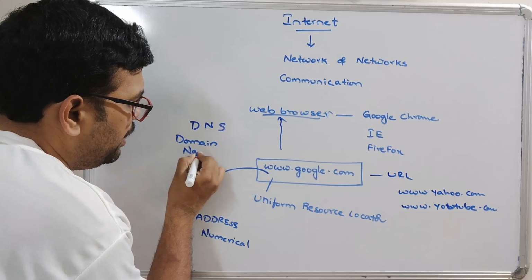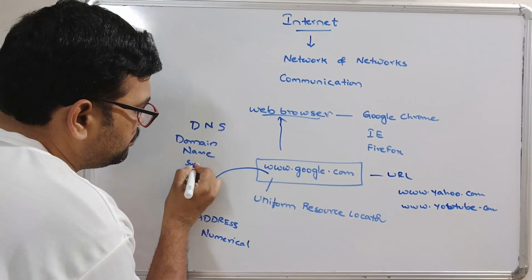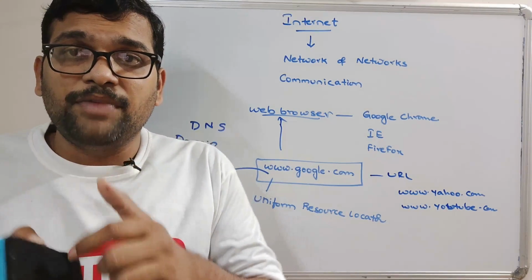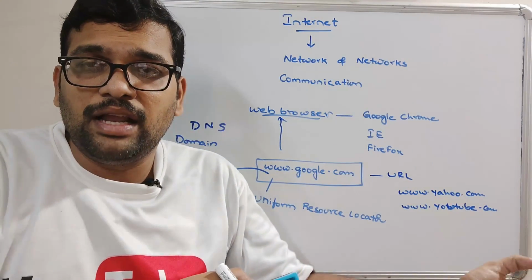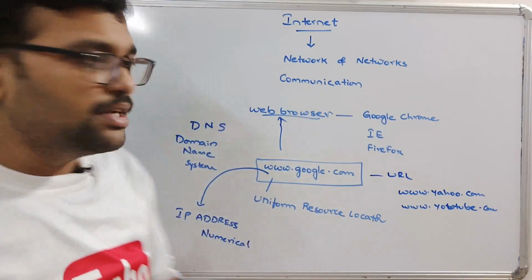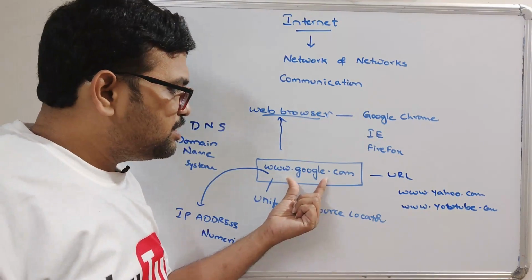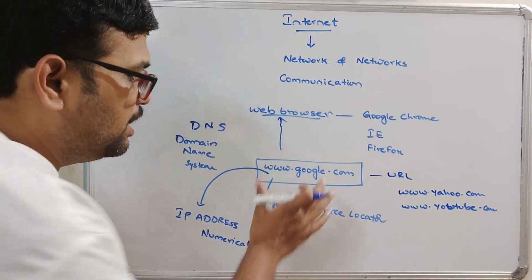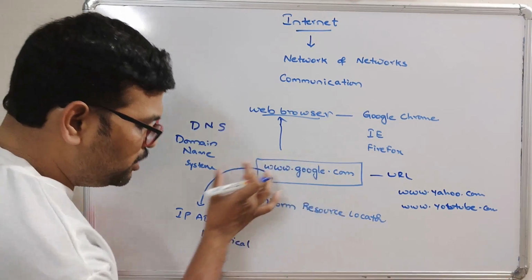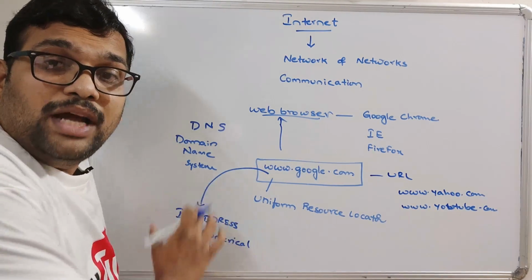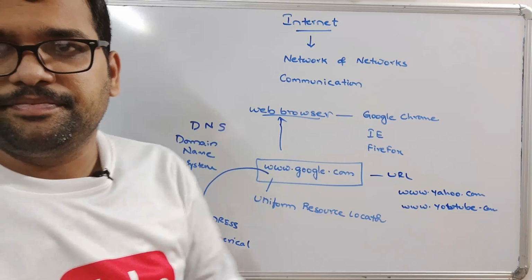This domain name system is used to convert from the IP address to English words and the English URL to the IP address. So whenever you just type google.com in the web browser and press enter, automatically this URL will be changed to the IP address, and to that IP address the request will be sent.